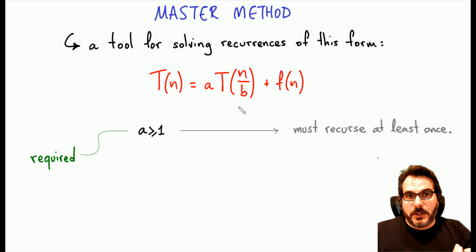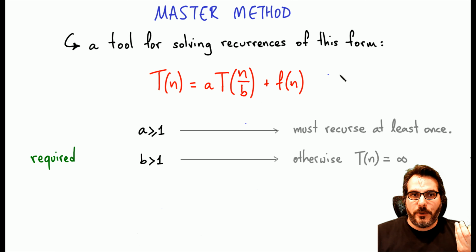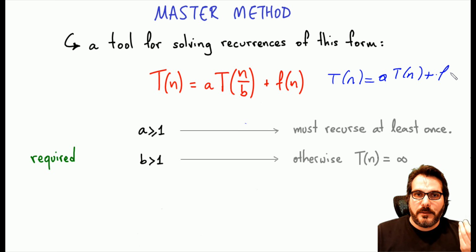Another rule is that b needs to be greater than 1. What does this mean? If b is 1, for example, then T(n) is equal to a times T(n) plus the cost function.